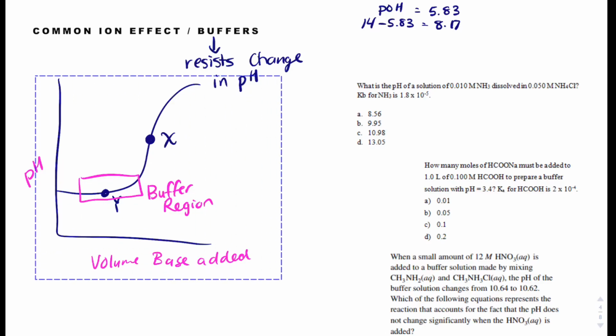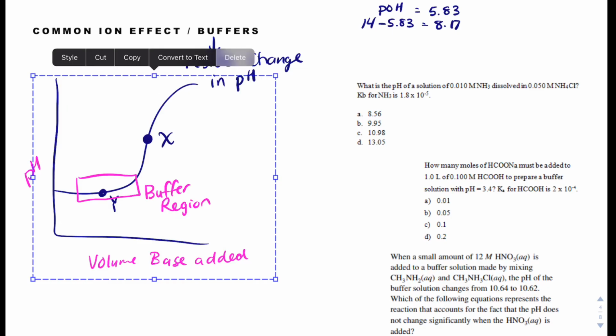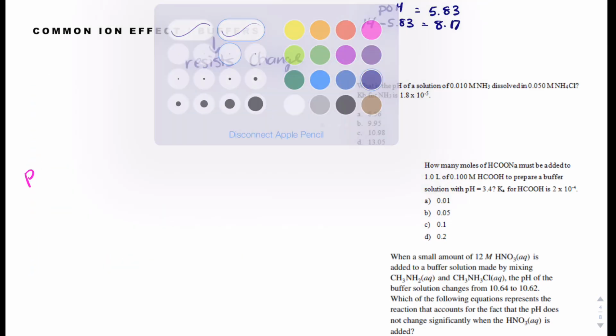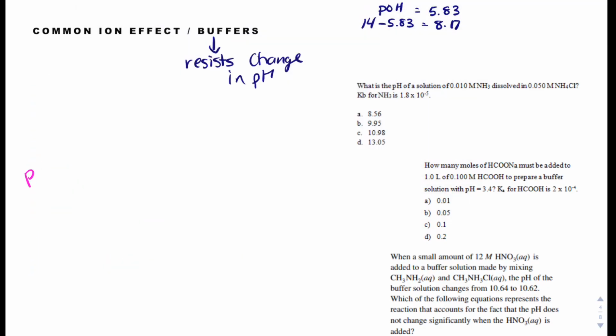Okay, and I agree with all of that. However, here's what I want to be able to do. If I have HF, and it breaks apart to H plus and F minus, you could write that as a reaction.